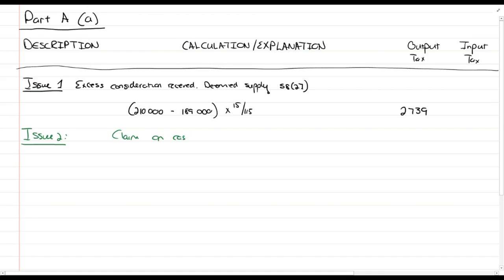On cash value, that is the value rule, and earlier of invoice or payment, that is the timing rule.